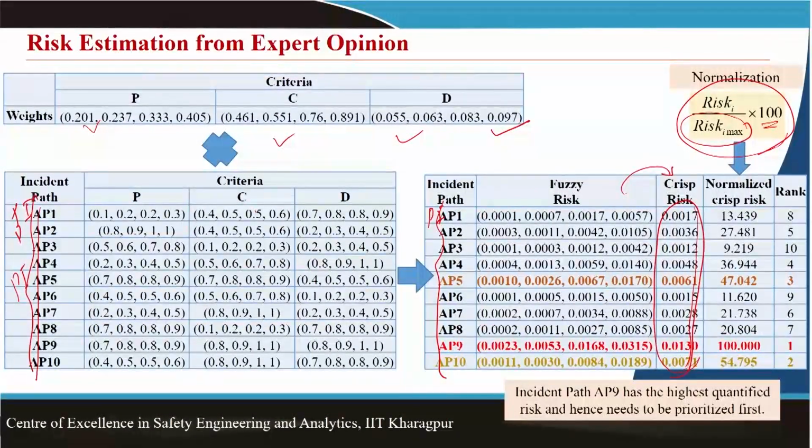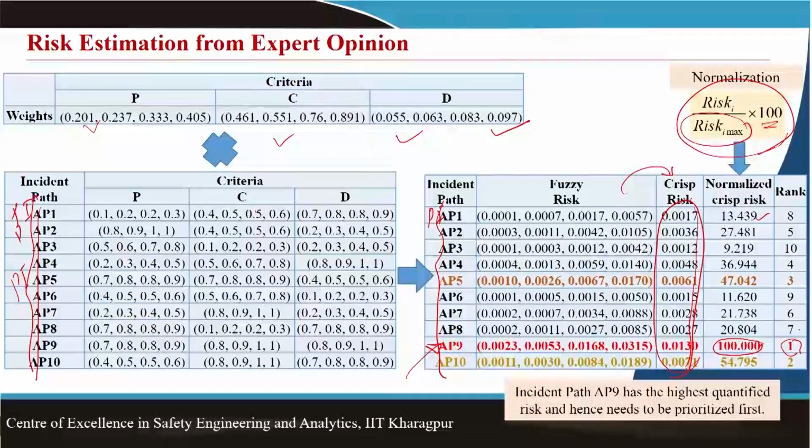Here AP9 is maximum, so maximum by maximum is 1 into 100. So its score is 100 with reference to the maximum risk path. We compare the values. There is a vast difference, 100 here, and here it is 13. So you can feel that yes, I will first improve upon AP9, and its rank is 1.